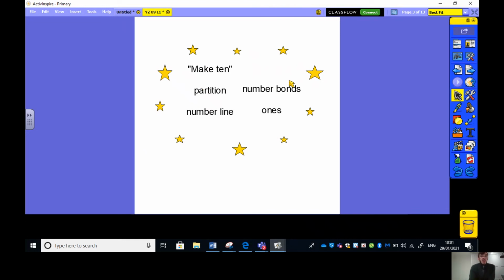And number bonds are two numbers that equal another number. So we know our number bonds to 10. 5 add 5 equals 10. 6 add 4 equals 10.